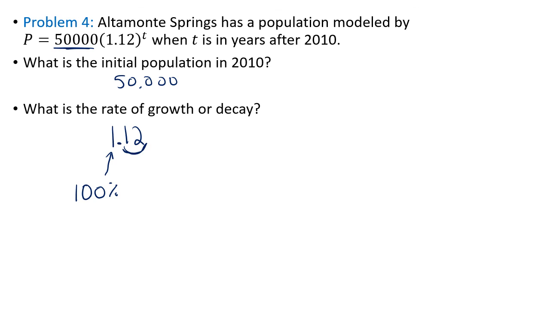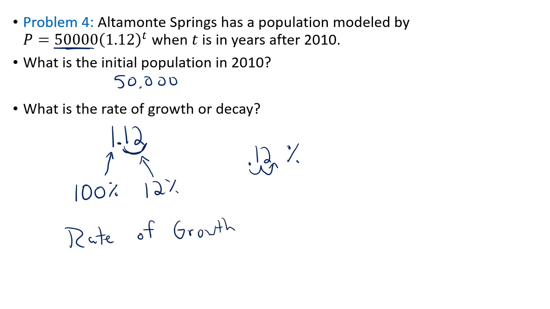Everything after the decimal is another percentage. 0.12, when you convert into a percentage, is 12%. So you have a rate of growth of 12%. It's a growth because it's greater than 1.